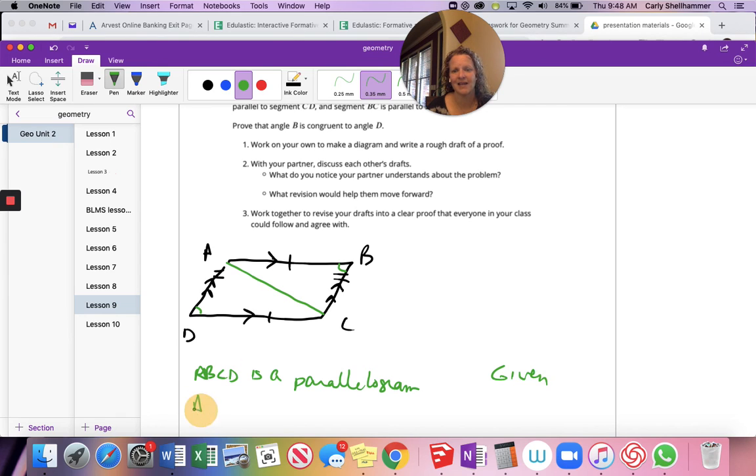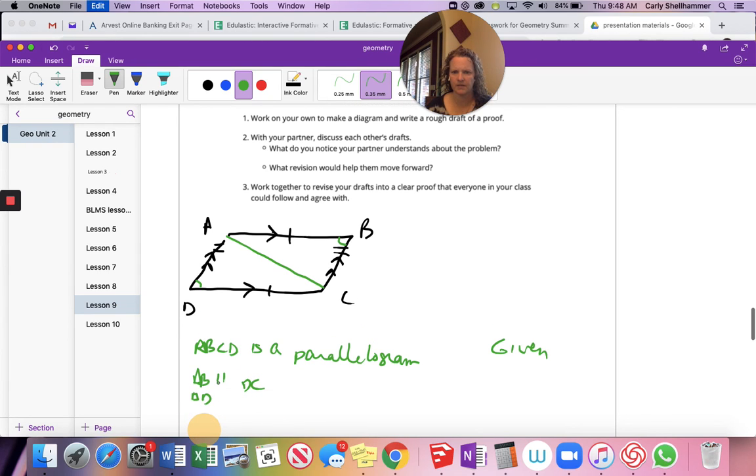So I can say AB is parallel to DC, and AD is parallel to BC. And we could say the reason is definition of parallelogram.